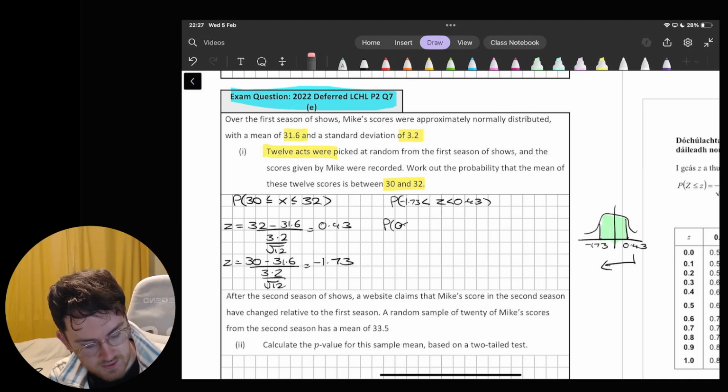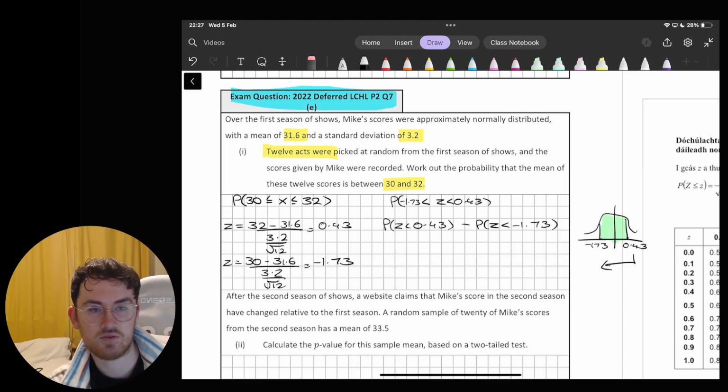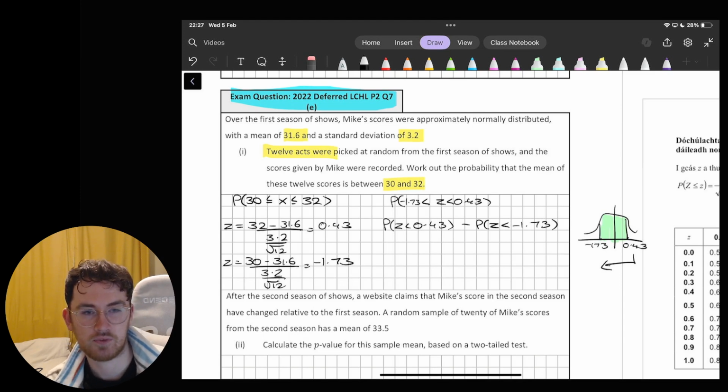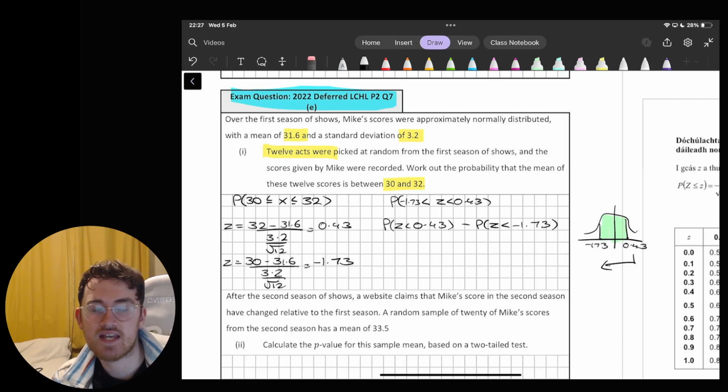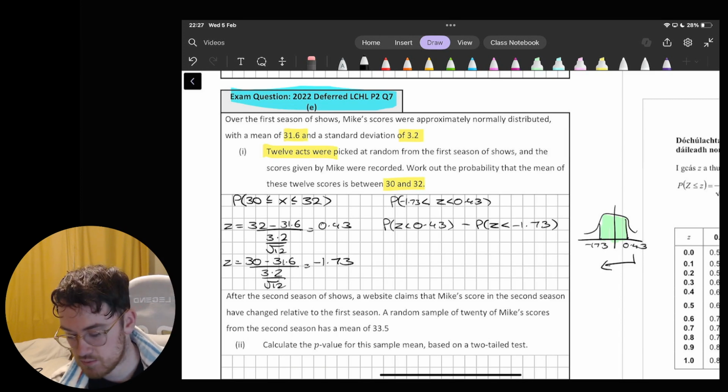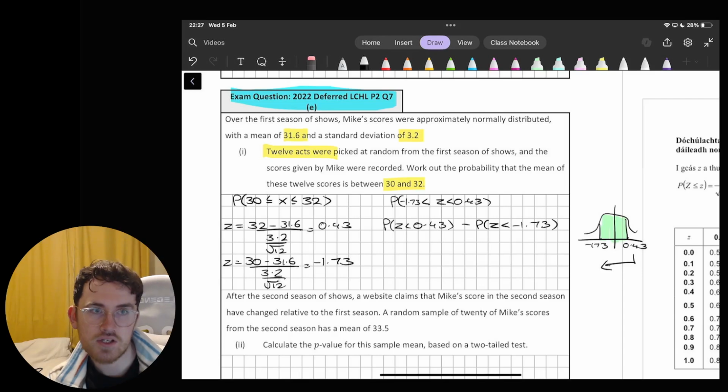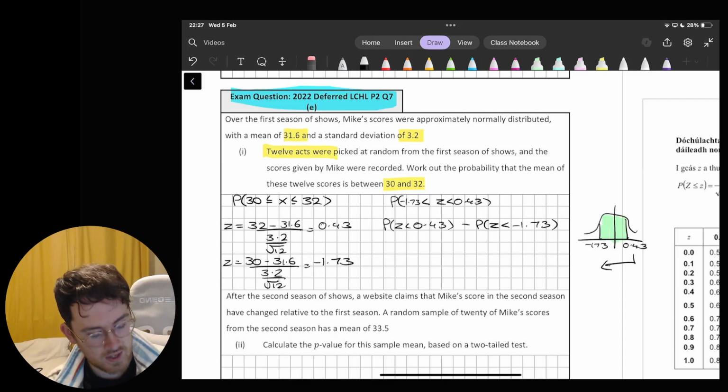So I'm looking for the probability that Z is less than 0.43 minus everything below minus 1.73. Okay, that's what I'm looking for. And again, by drawing a little diagram for ourselves, we remind ourselves that less than minus 1.73 is the same as greater than positive 1.73, which is 1 minus positive.